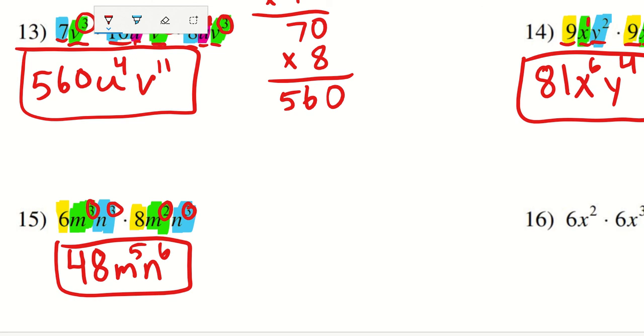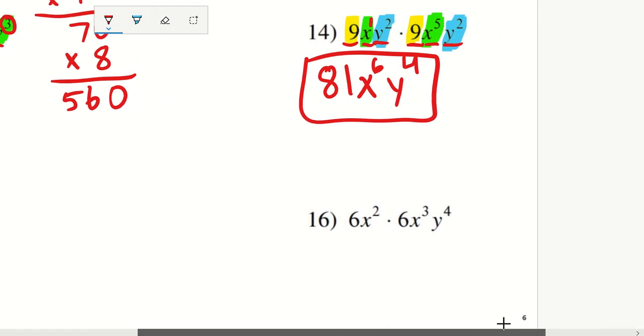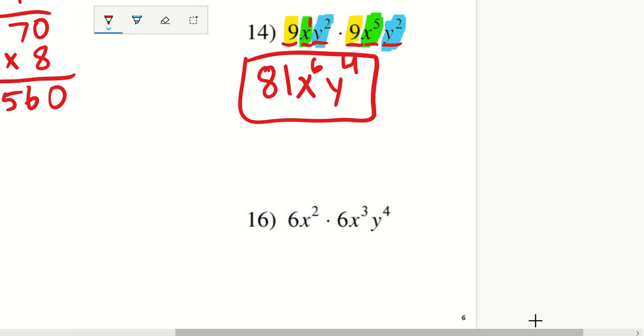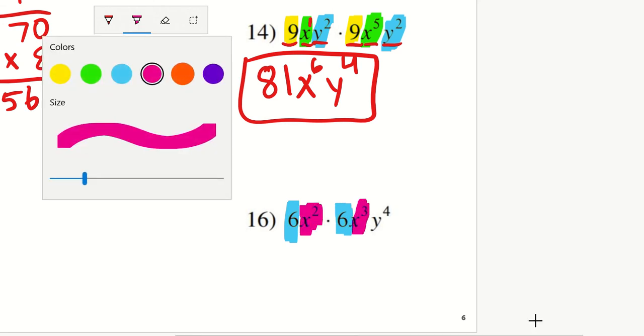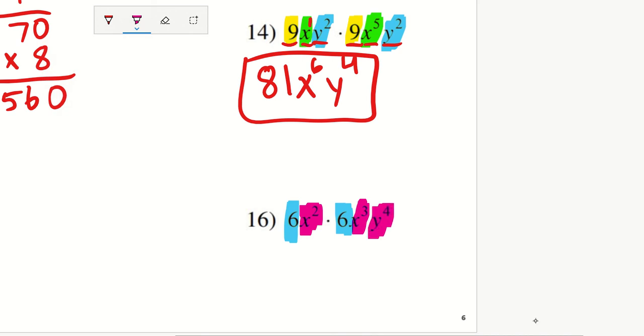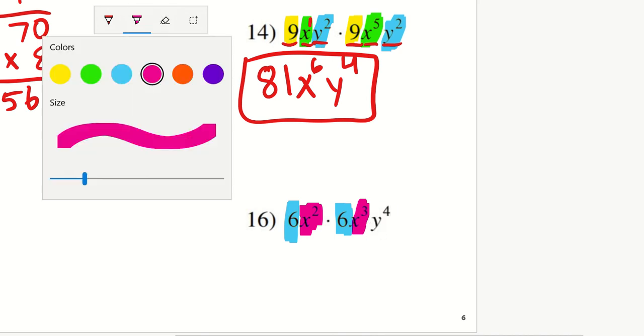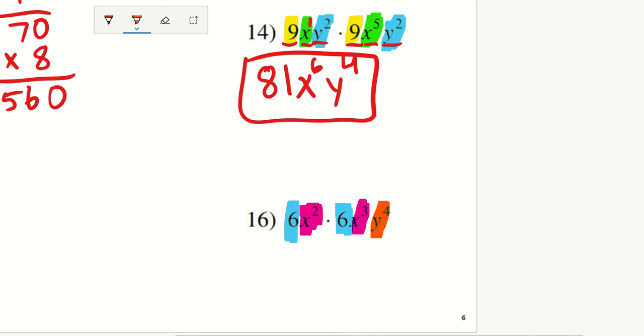One more example. If you take a look at the last example, we have 6x squared times 6x raised to the 3rd power times y raised to the 4th power. So let me multiply the number with the number. I'm going to multiply the x's with the x's, and the y, of course, we can't multiply with anything else, so it's going to be the y by itself.